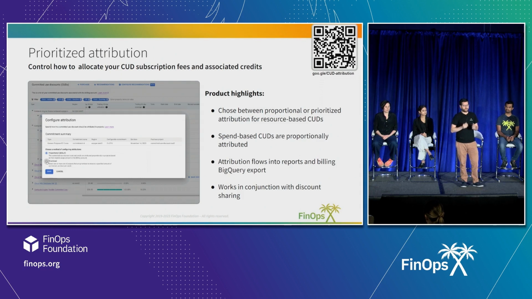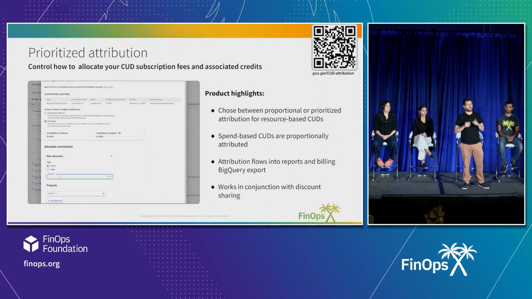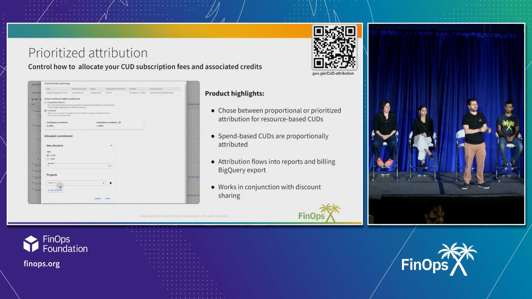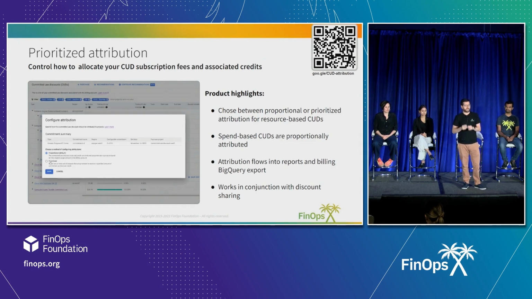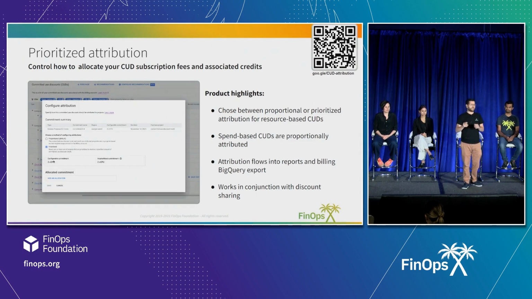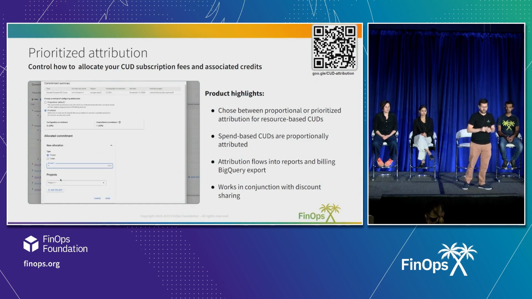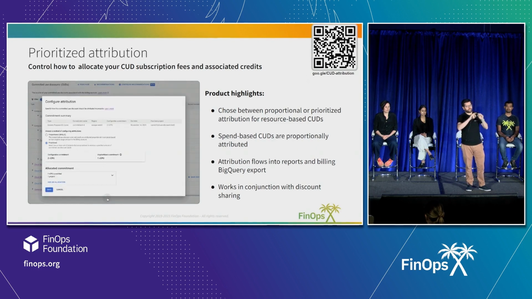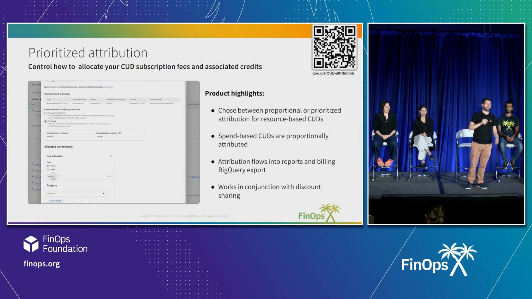Next stop is prioritize attribution. So we went through the journey, you have your CUDs, and now you want to make sure that those savings and those fees are allocated to the right projects, to the right folders where you want to see those benefits. So with prioritize attribution directly in the UI, and the GIF is moving probably a little bit faster, in the CUD reports, you get your specific CUD, you go to the right, and you set prioritize attribution.